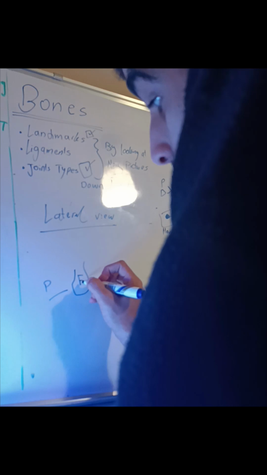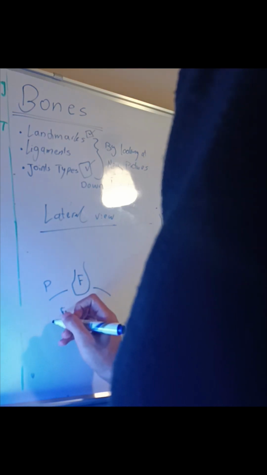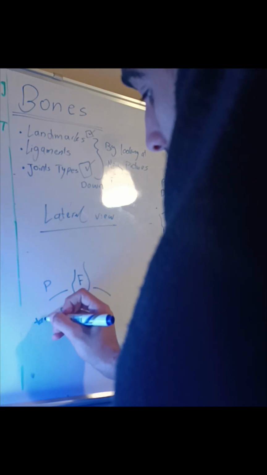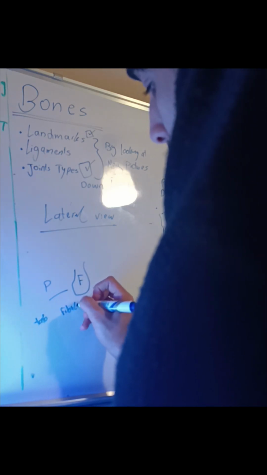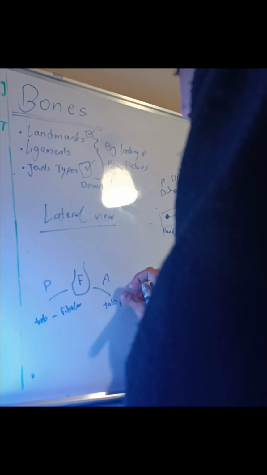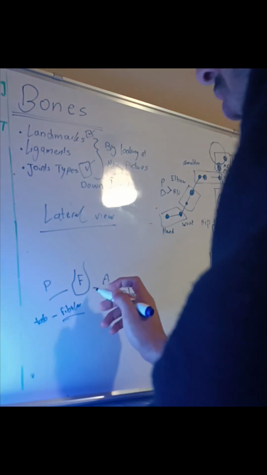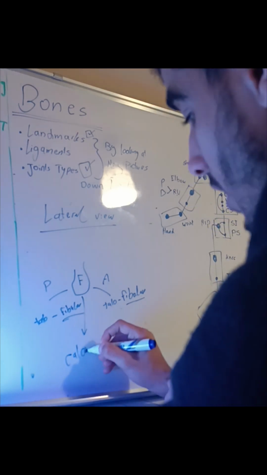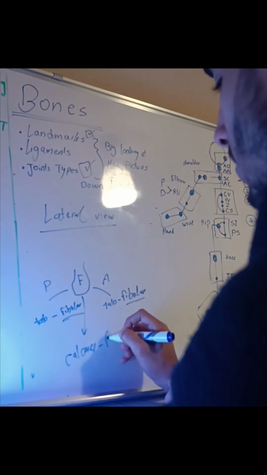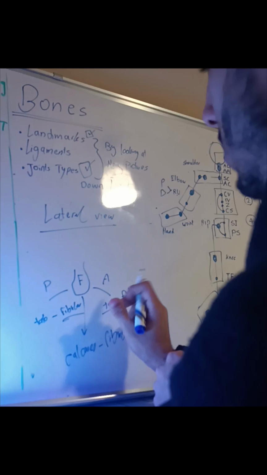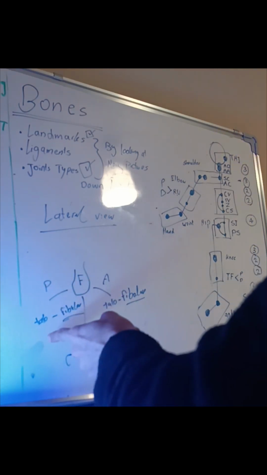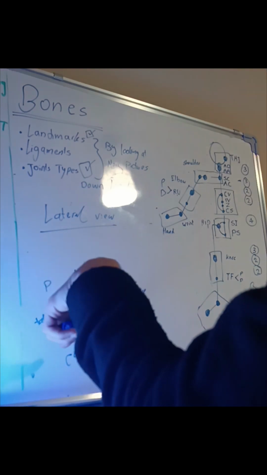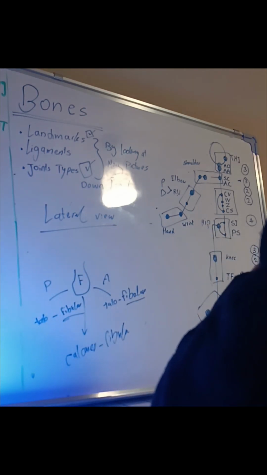The fibular ligaments: the anterior and posterior talofibular, and with the calcaneus, the calcaneofibular. So the posterior talofibular, the anterior talofibular, and the calcaneofibular. Also we're going to have tibiofibular.